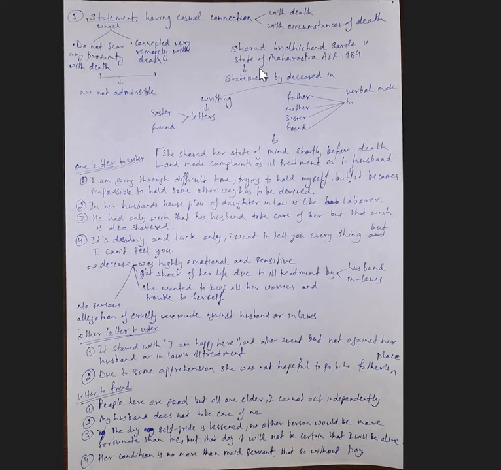Sharda versus State of Maharashtra: in this case, the statements by the deceased were in writing and in verbal mode. She made statements which put forward a notion towards the reason of her death. And indeed, the court brought out what was the cause of the death as per the available evidence.